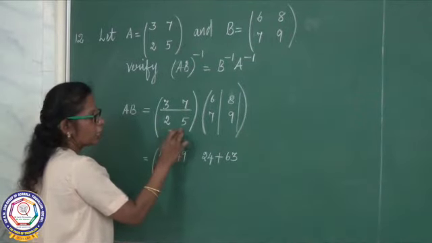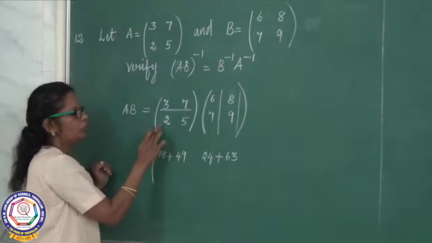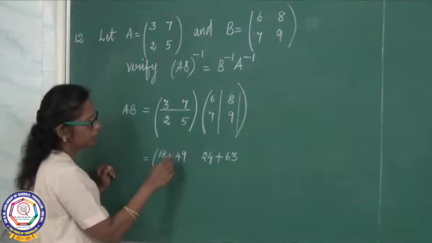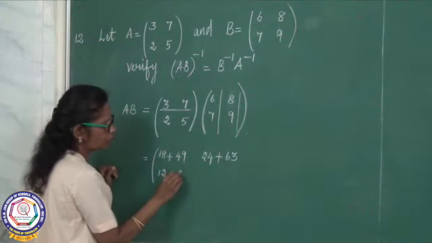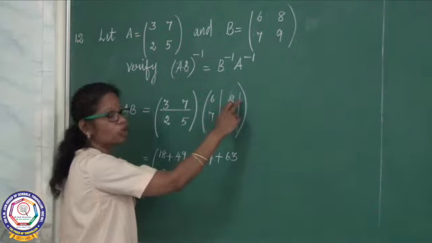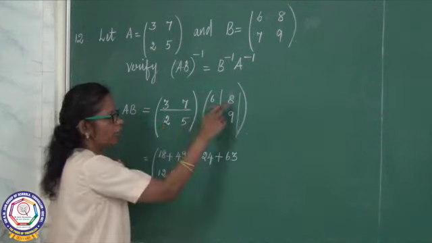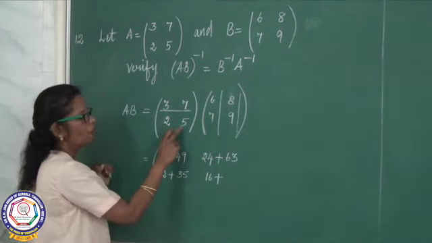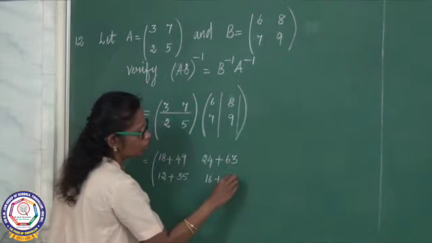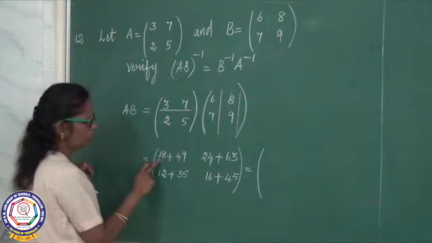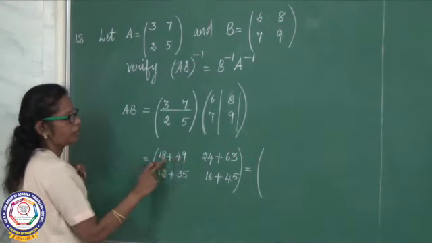Next, second row, first column: 2 6s are 12 plus 5 7s are 35. Second row, second column: 2 8s are 16 plus 5 9s are 45.